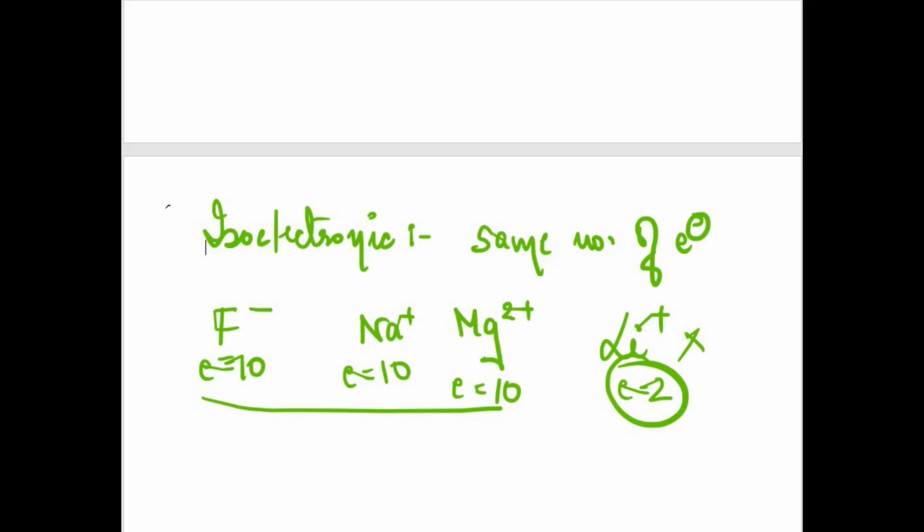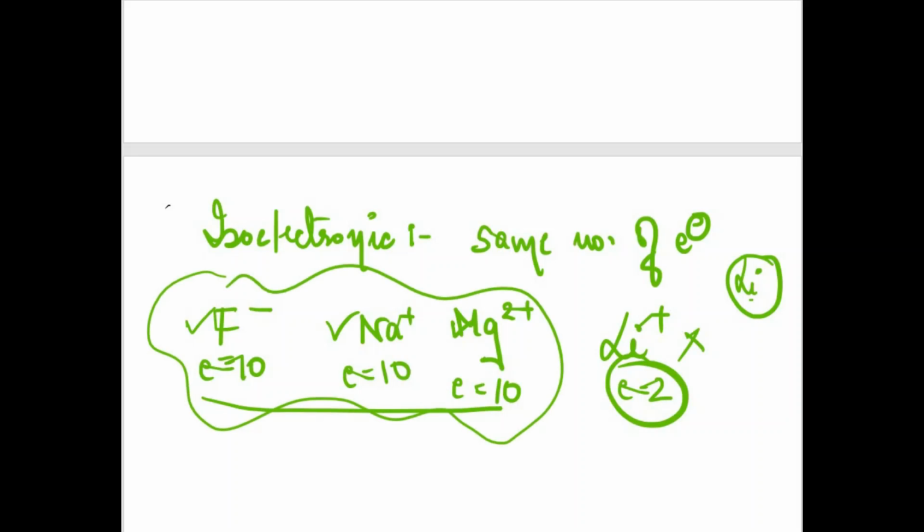Let us move on to the option which says N3 minus, O2 minus, F minus and Na plus. Now why did I say so? See, you should be very smart when you're attempting a question. Options B and C have lithium. Now when lithium is an option with these two, sodium, magnesium, or for that matter fluorine, it can never compare or get compared to the number of electrons that these species have, because obviously the number of electrons in lithium is less.